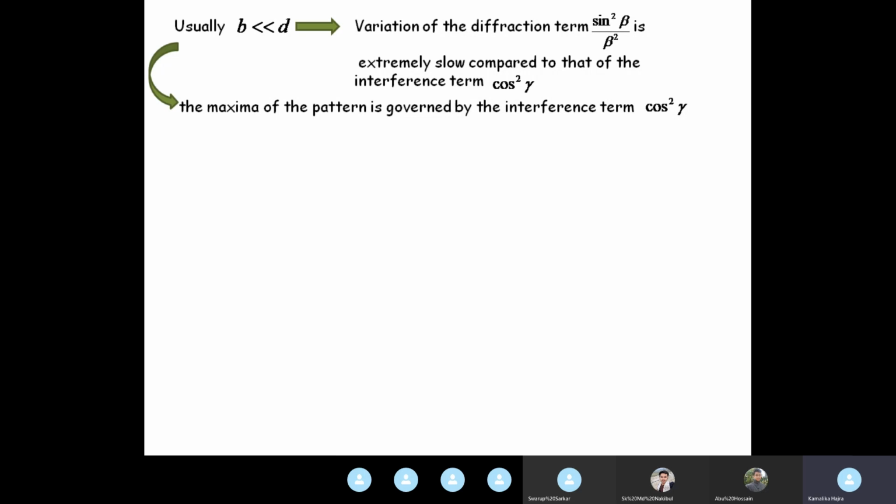Before sine square beta by beta square has gone from one form to another, cos square gamma has changed several times. Therefore, the maxima will be governed by the function that changes much more rapidly, because the rate of variation of sine square beta by beta square is negligible compared to cos square gamma. Hence, the maxima of the pattern is governed by the interference term cos square gamma.